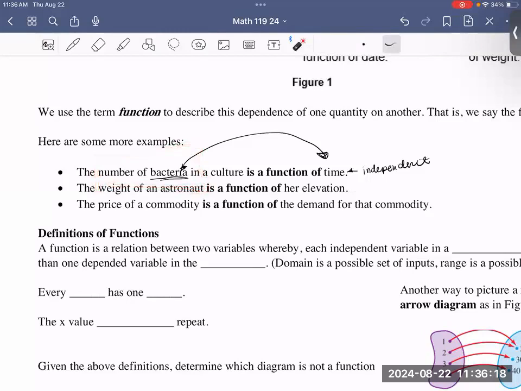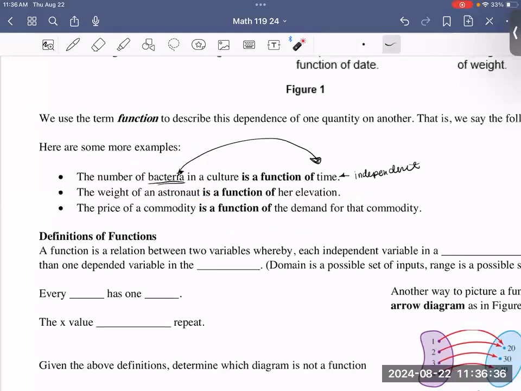Now, the weight of an astronaut also depends on the elevation. The higher and higher we get out of the atmosphere, the lighter we get. The price of a commodity depends on the demand of that commodity.